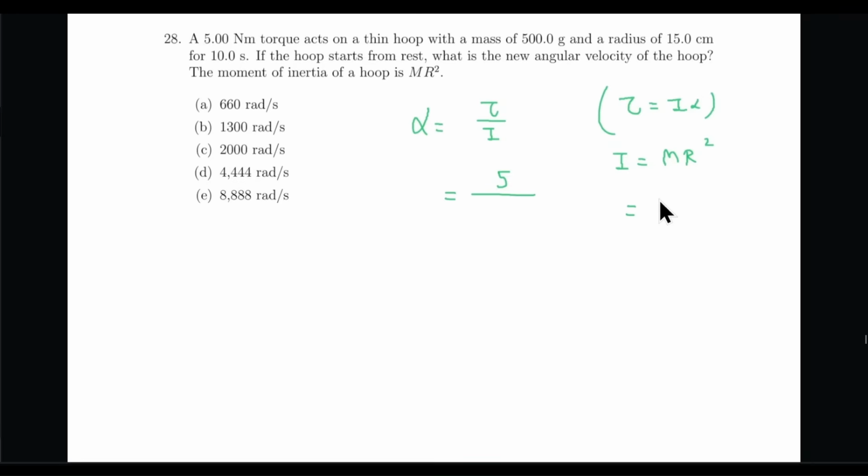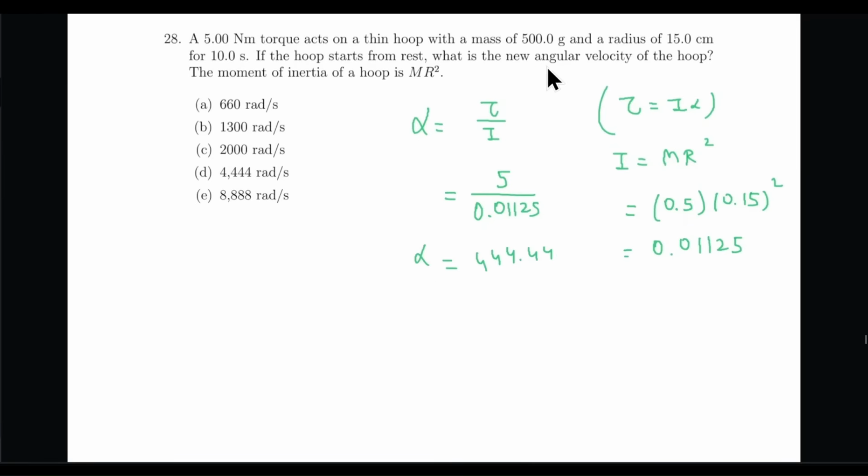M is the mass, which is 0.5. R is 0.15 squared. So this comes out as 0.01125. If we put that I over here, then alpha comes out as 444.44 radian per second squared.